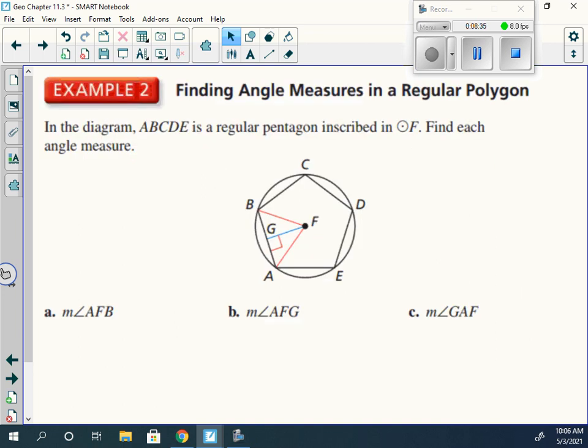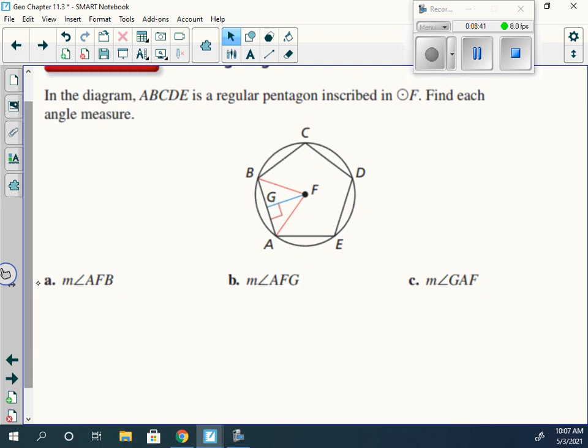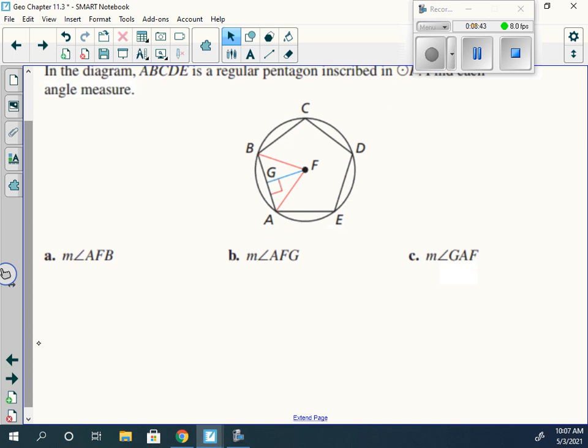Now, in this diagram here is a regular pentagon, and we want to find each of the angle measures. So if I want to know each of the whole interior angles for this polygon, well, AFB, this whole angle here, would just be 360 divided by the number of sides, which is 5.